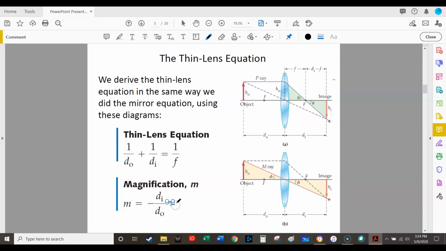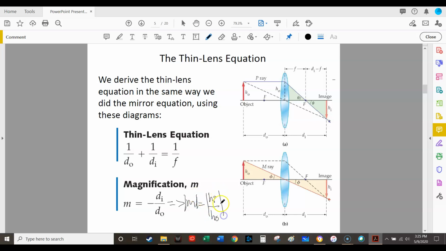And incidentally, magnification is also equal to comparing the height of the image to the height of the object. And that's just the magnitude of it, right?